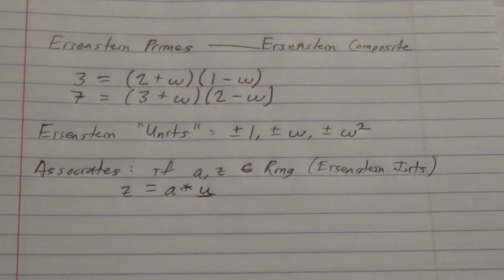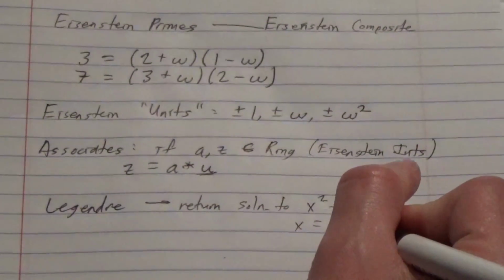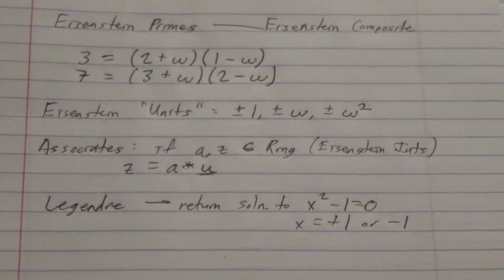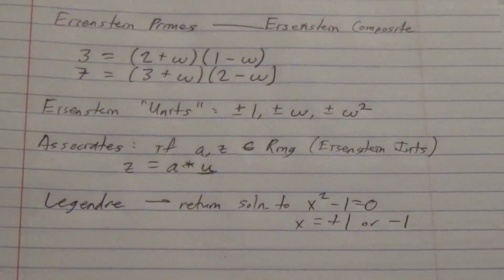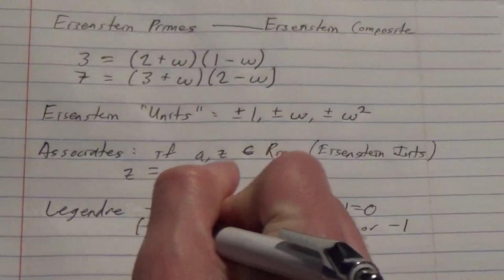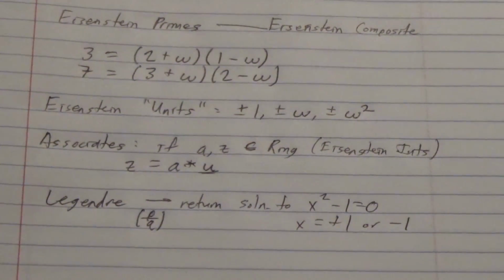For instance, whereas the Legendre symbol returned a value that was a solution to x squared minus 1 equals 0, specifically plus 1 or minus 1, these were basically the values that could possibly be returned by (a/p) in our previous episodes of this series.